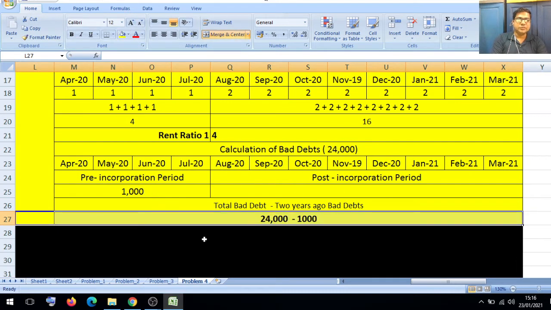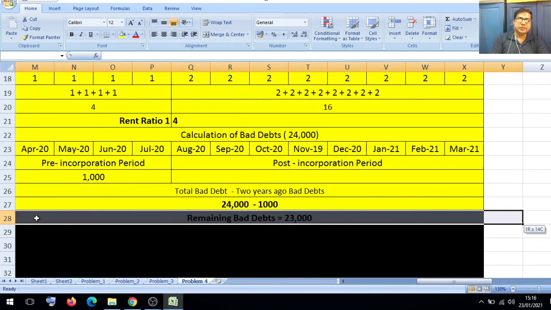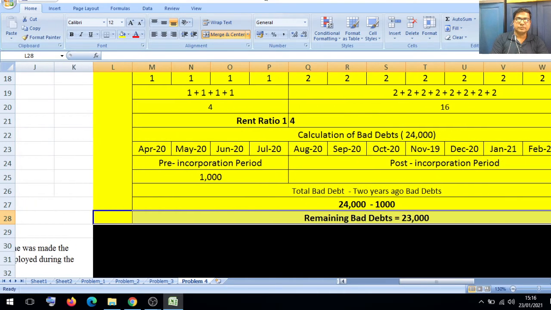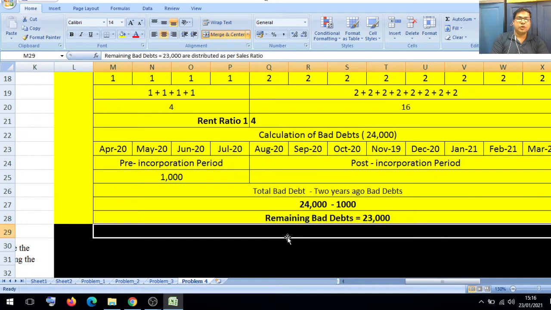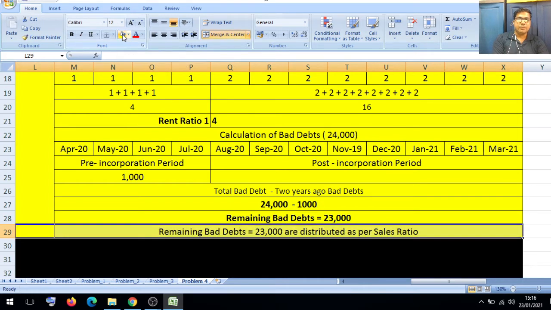24,000 minus 1,000. The remaining bad debts, it's very simple to calculate, are 23,000. Now from these bad debts we have to allocate on the basis of pre and post incorporation by using the sales ratio.